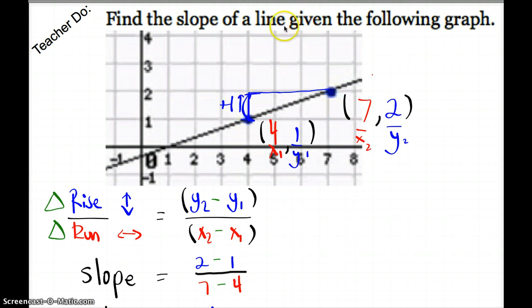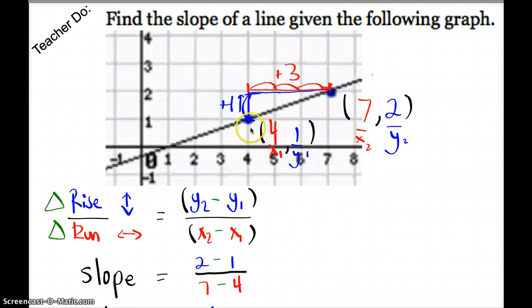Now our run value is from left. I start here at this first point, and I'm running all the way over here. I'm running this way, and that represents a positive direction. I'm going in the positive direction. Again, positive direction represents positive 1, 2, 3.